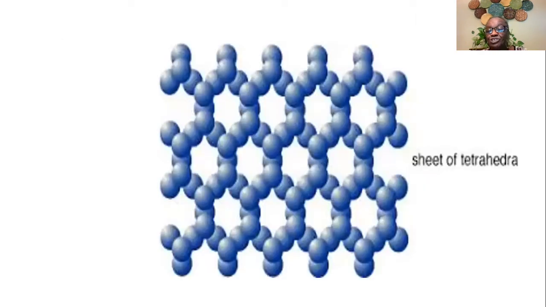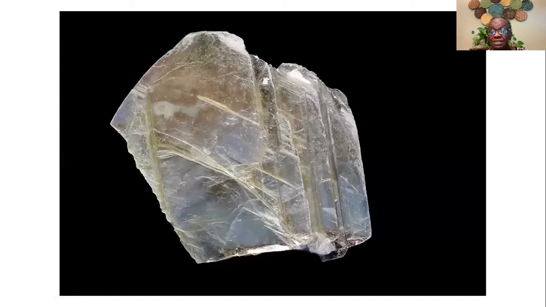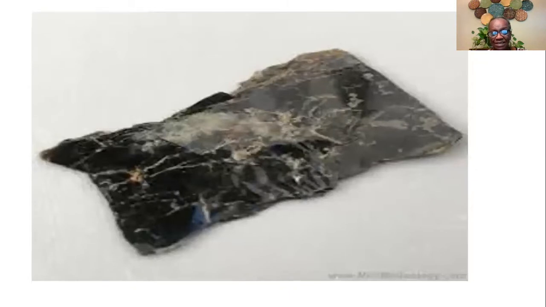And then we have sheets of tetrahedron. You can see a whole lot of these things, and they're in sheets. And examples would be muscovite mica and also biotite mica. See, the tetrahedrons are arranged in sheets, and these minerals are flat, sheet-like structures.